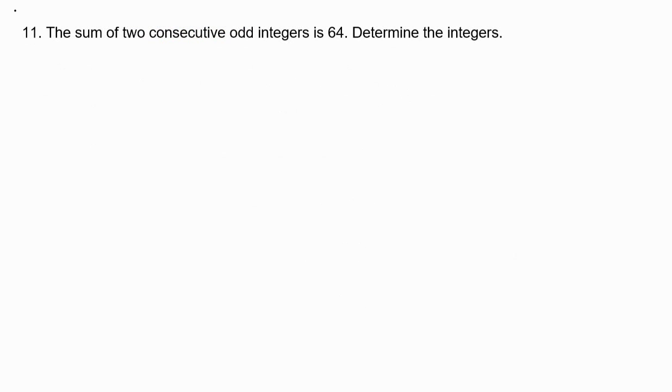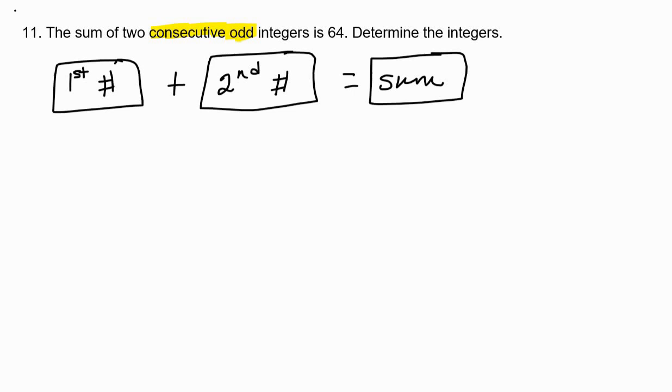Okay, problem 11: the sum of two consecutive odd integers is 64. So consecutive odd integers are numbers like 11 and 13, 27 and 29. It's an odd number, and then the next odd number, which is going to be 2 more than the first. So let me draw out my diagram here.